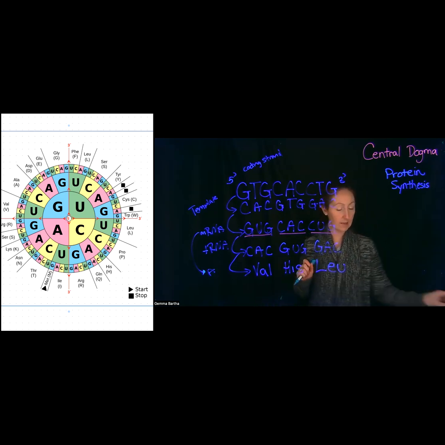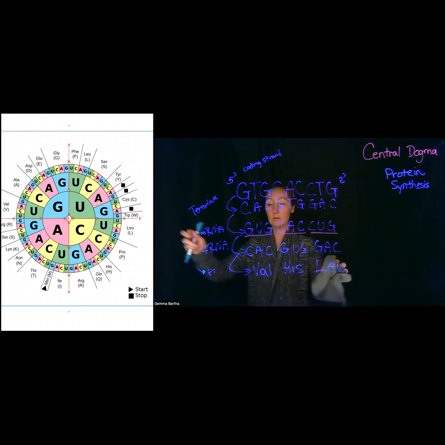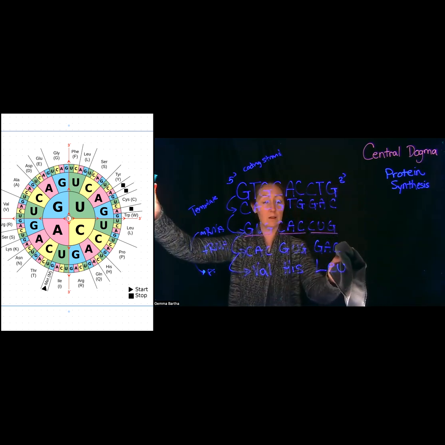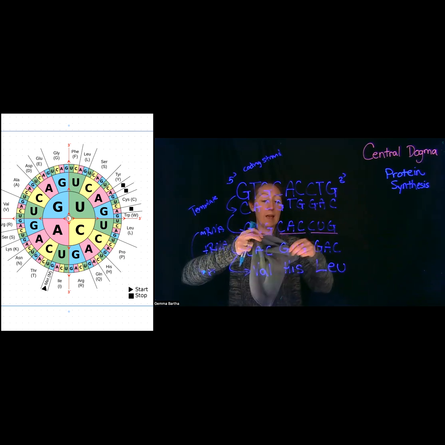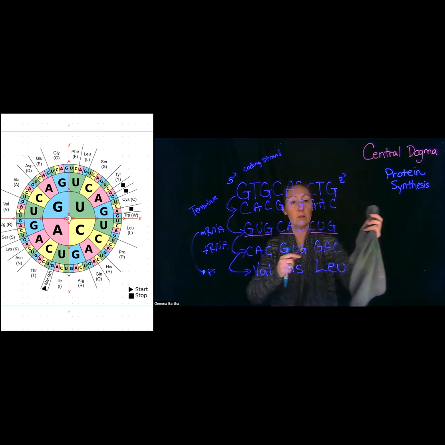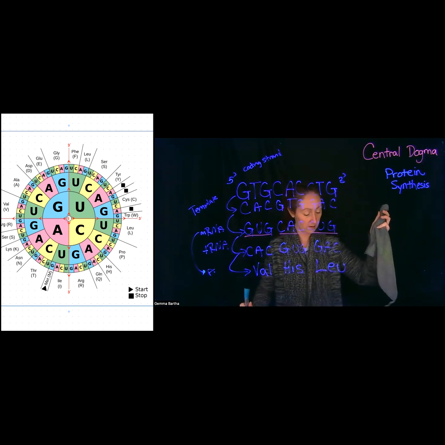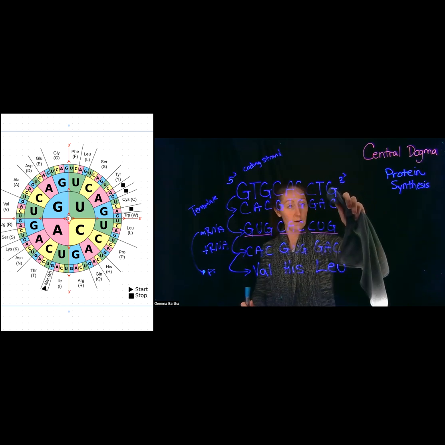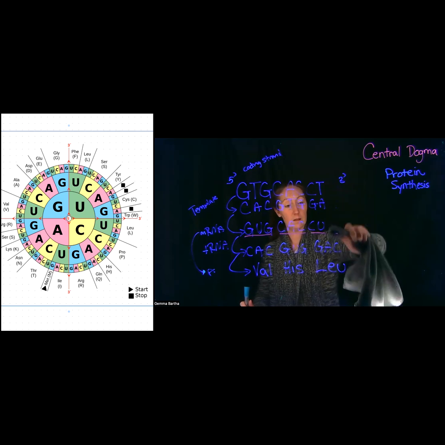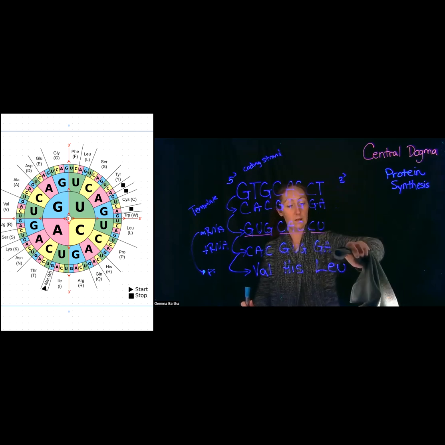So let's pretend that we have a mutation. So I'm just going to erase this bottom part. Well, let's do this here at the end. So instead of saying CTG, now I don't know what this is going to do.